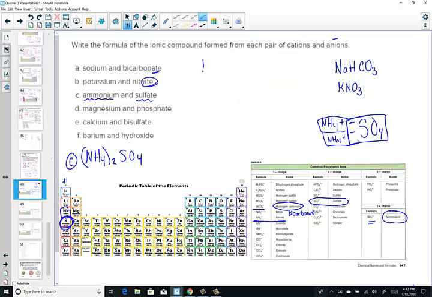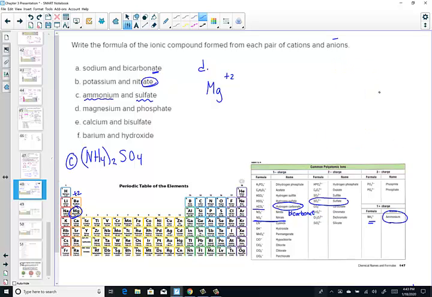On to letter D. Magnesium phosphate. So here we're finding magnesium in the heartland of the +2 fixed charge. And it's going to chemically bond to phosphate. Hear the ate ending, phosphate. That's my polyatomic ion clue.